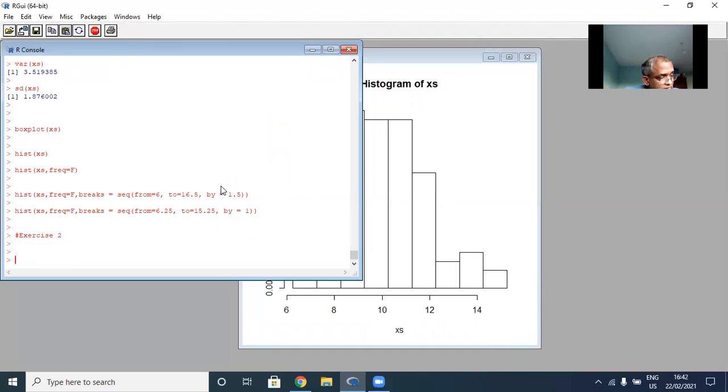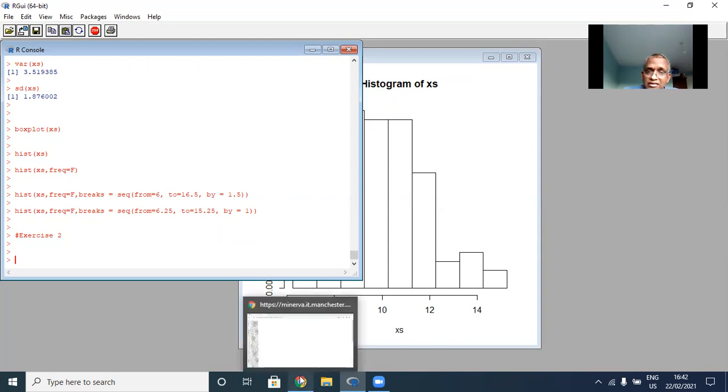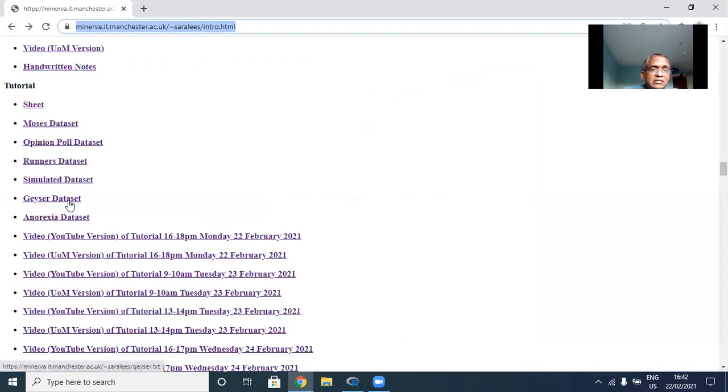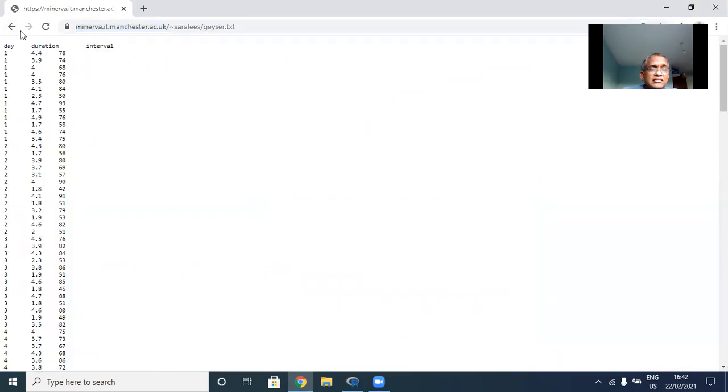Exercise 2 is to read the data from a geyser data set in the Yellowstone National Park in the United States, right? So you go to the geyser data. This is the geyser data set. It has 3 columns, the day, the duration, and the interval, right?